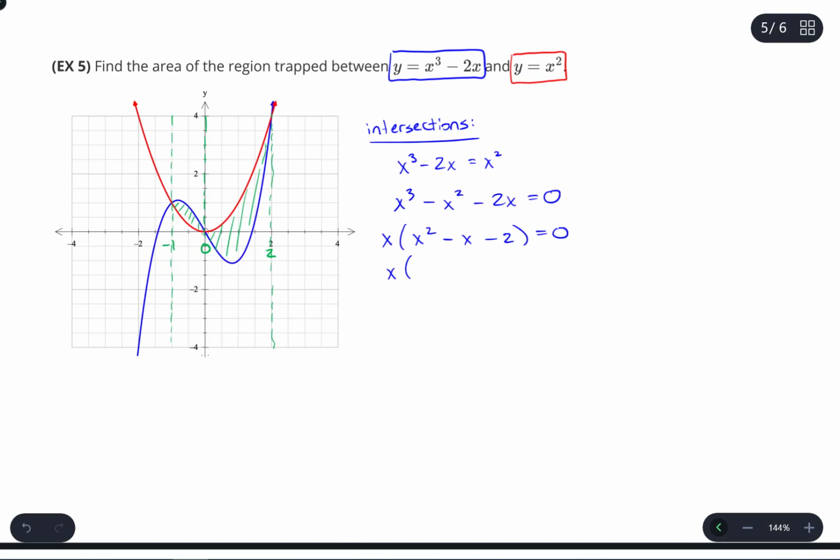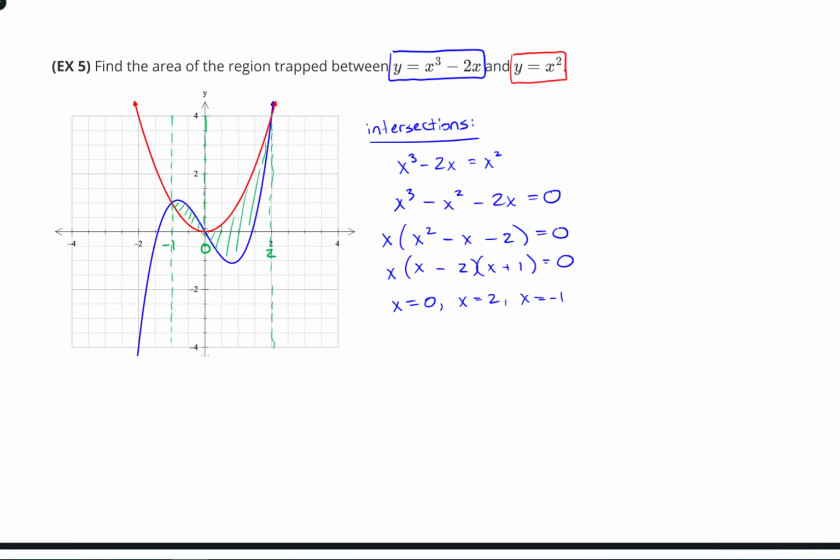And that should factor, let's see here, x and x, 2 and 1. If this is negative and that's positive, great. Then when I set each of these factors equal to 0, I get the zeros of this polynomial being 0, positive 2, and negative 1. So just like we're seeing here, we have an intersection here, here, and finally here as well.